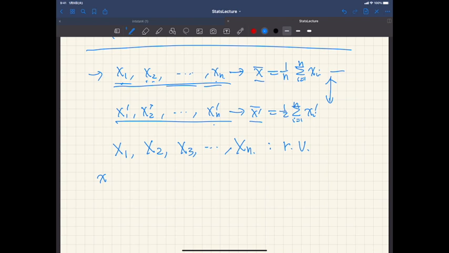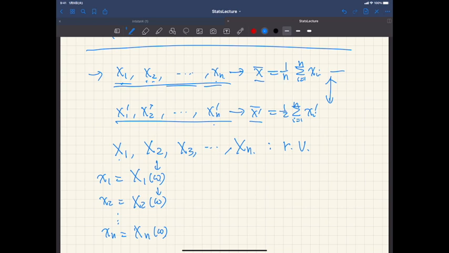So this small x1 is equal to the outcome of this random variable x1. And x2 was an outcome of the second random variable. But notice this omega and this omega, they are the same omega. And we do this up to n.